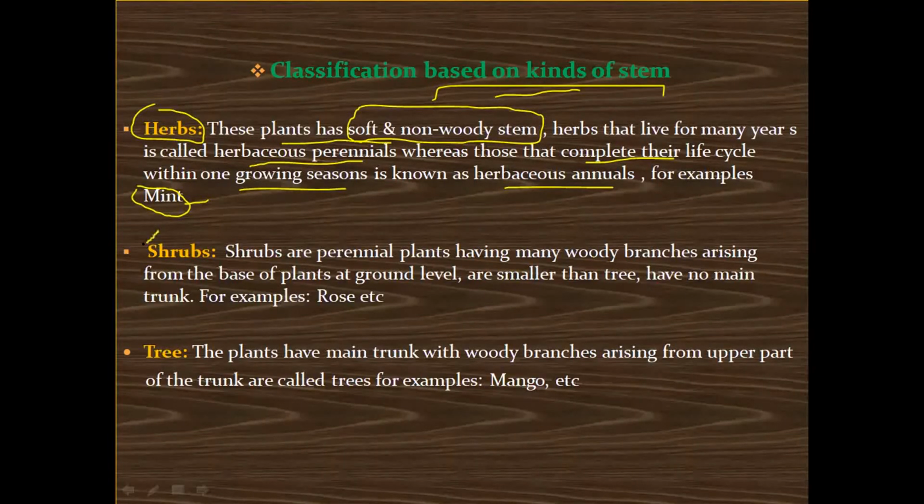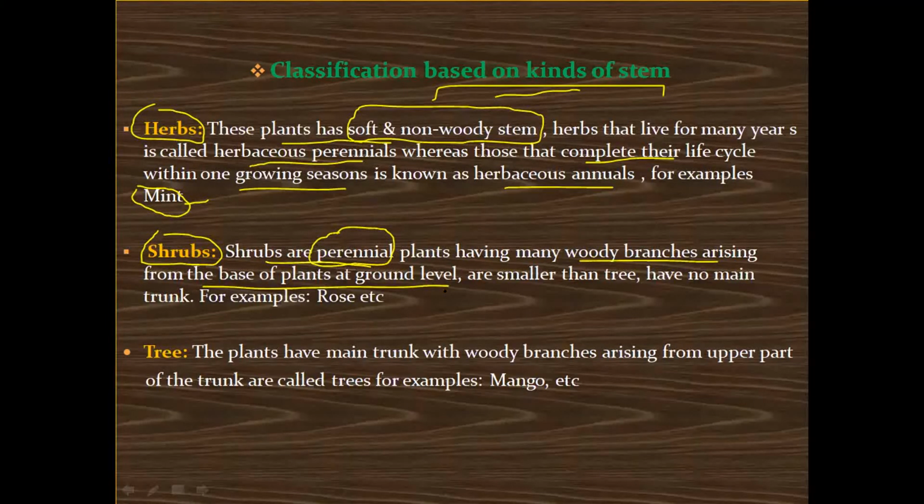The next category is the shrubs. Shrubs are perennial in nature, and these plants have many woody branches which arise from the base of the plant at the ground level.